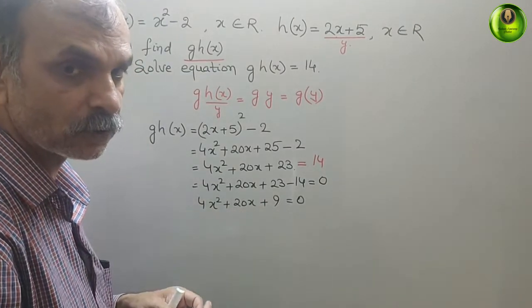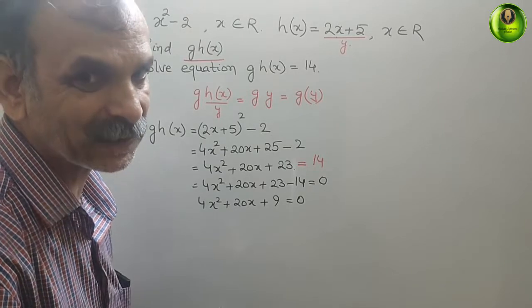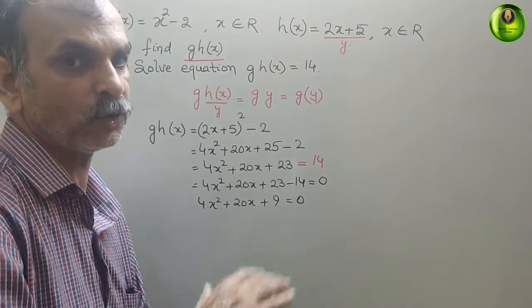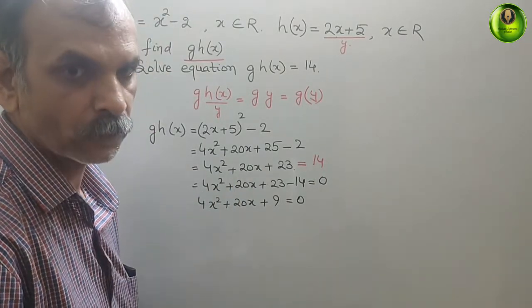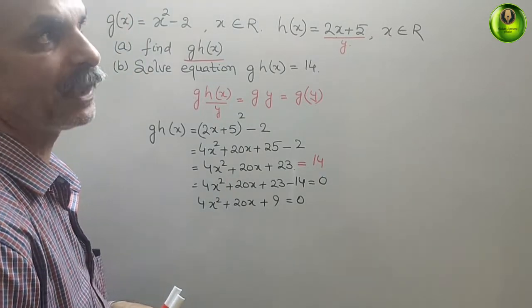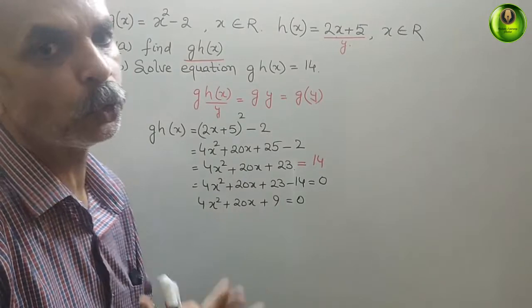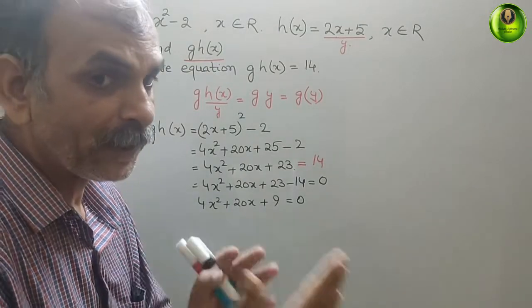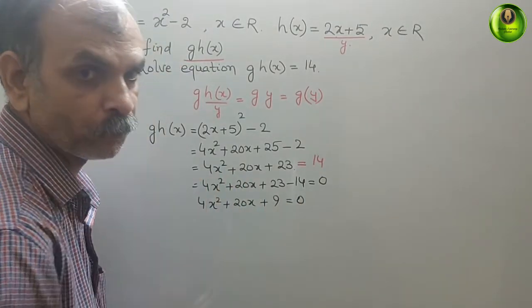If you split 36, that means 6 into 6, or 36 means 18 into 2 also. So 18 plus 2 is 20.